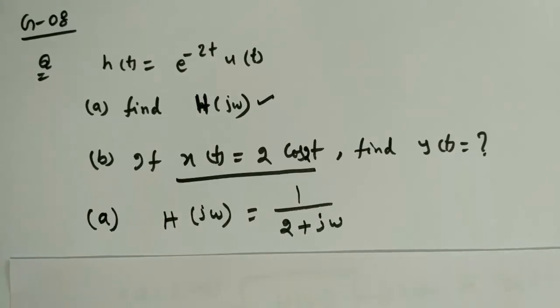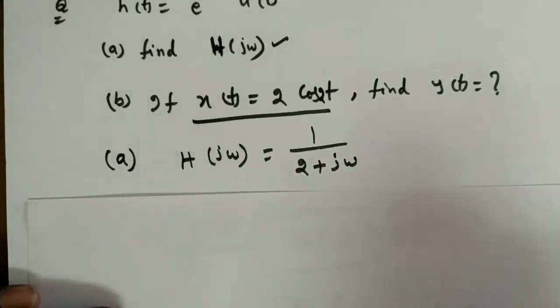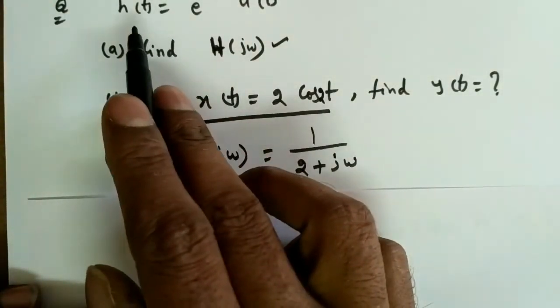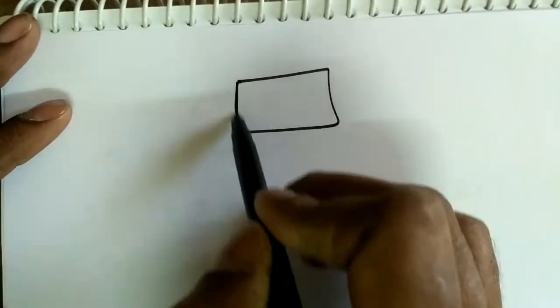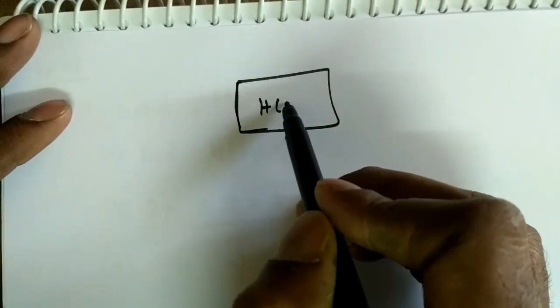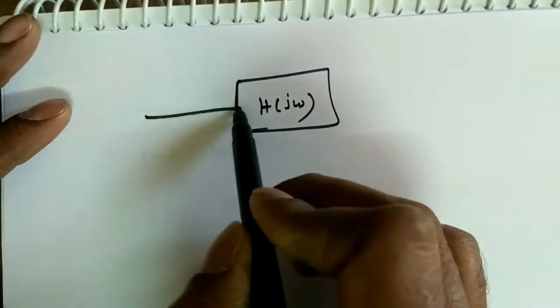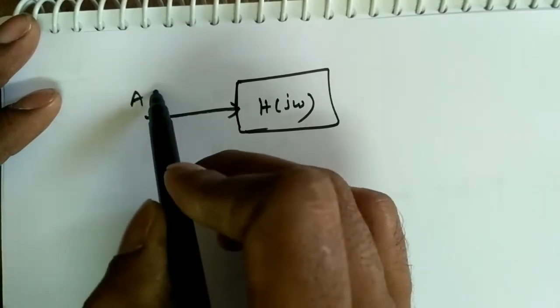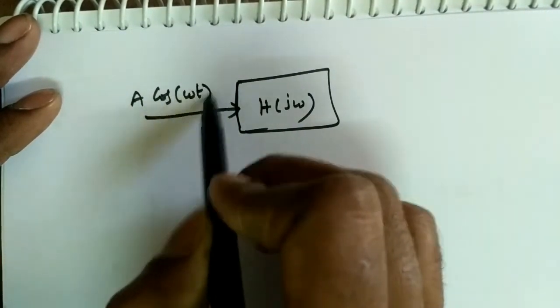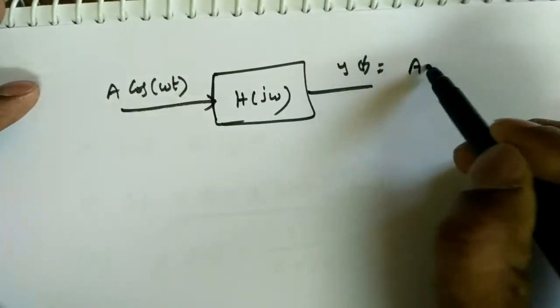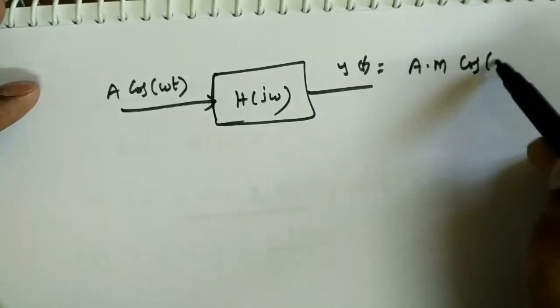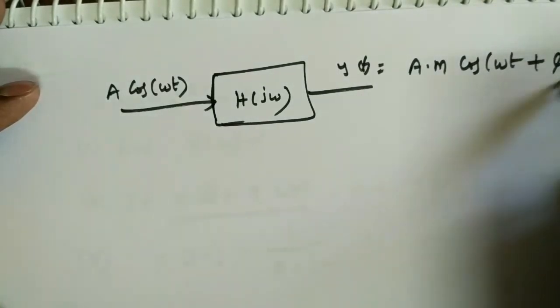Now to solve option B, the LTI system impulse response is given and the input signal x is given. We need to find y of t. If you recollect from the sinusoidal steady state analysis, whenever there is a system with a frequency response H of j omega, and I give a sinusoidal signal, say A cos omega t, then y of t will become A into M into cos of omega t plus phi.